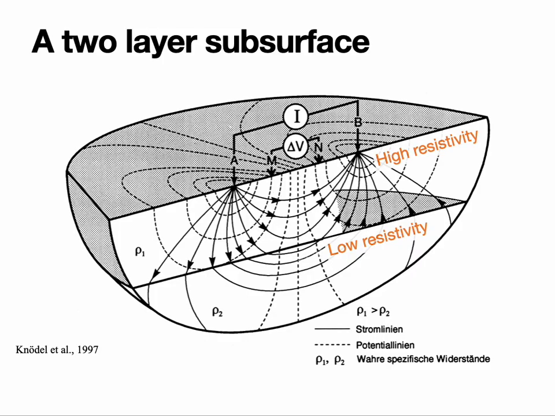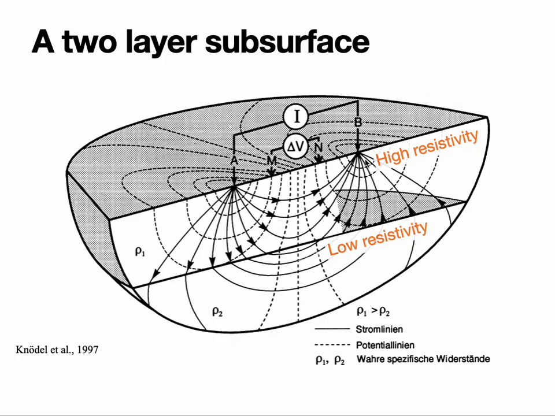So that's a sketch now of a 2-layer hemispherical subsurface. So you see the surface is here. Below the ground, in the ground, we have 2 layers, one of high resistivity, one of low resistivity.